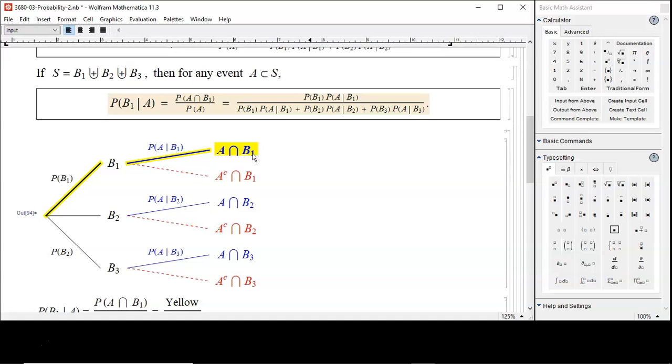It's all blue, this one, and the next blue, and then the next blue. You see? A must have come from either B1, B2, or B3 because there's nothing else there. And then the first one, this one, is in the numerator here and also here. And second one down here is this one. And third blue here is this path.